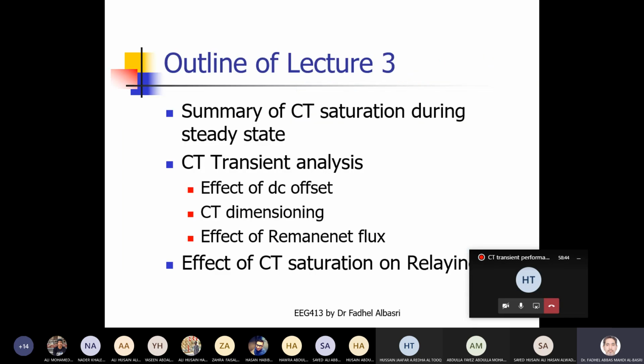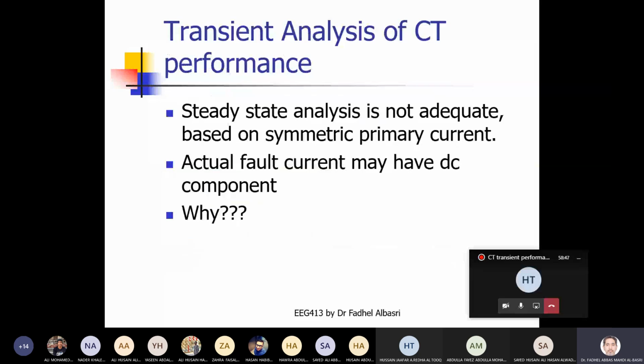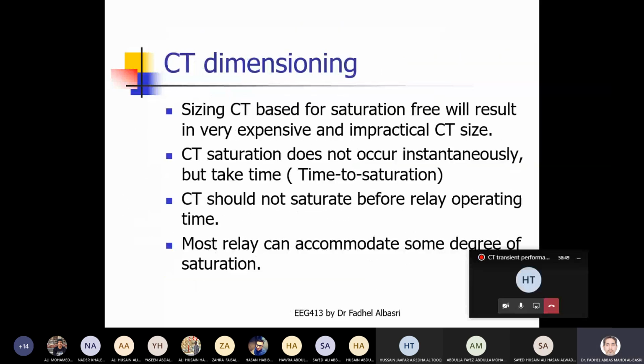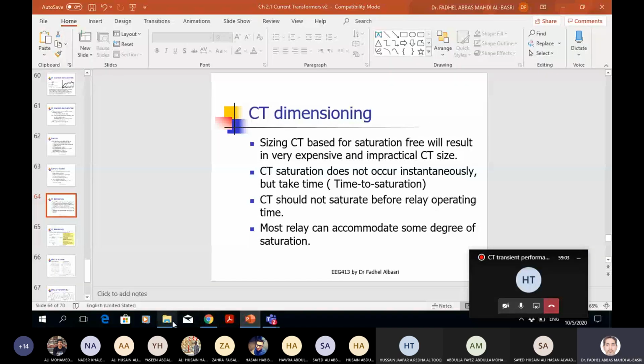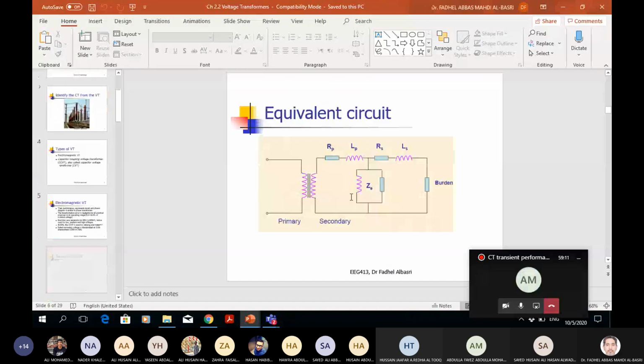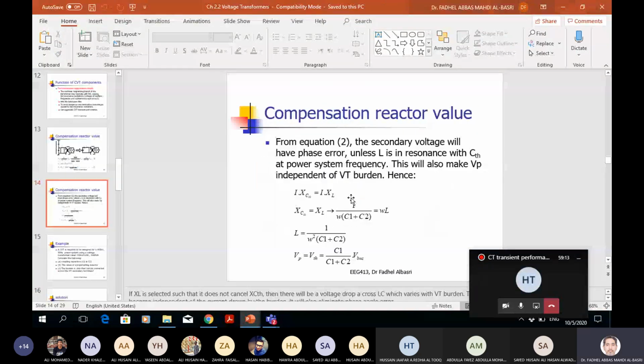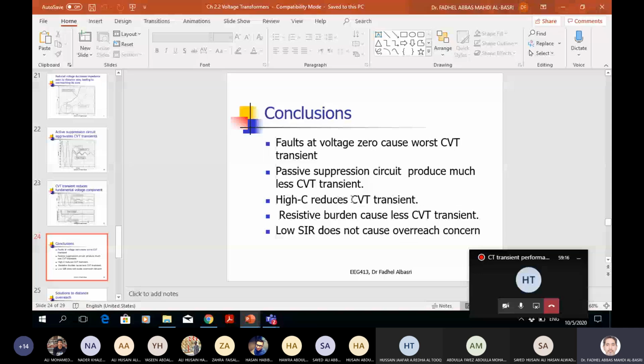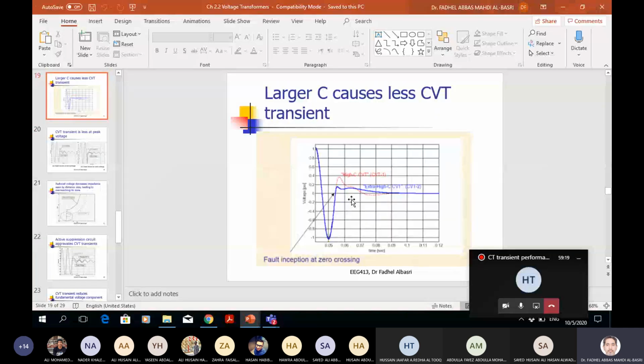So what I want you to do is read this lecture, and also read the voltage transformer lecture, so that we can cope with the material. This is my compensation, and this is what I want to do in the next class, inshallah. I'll stop at this end.